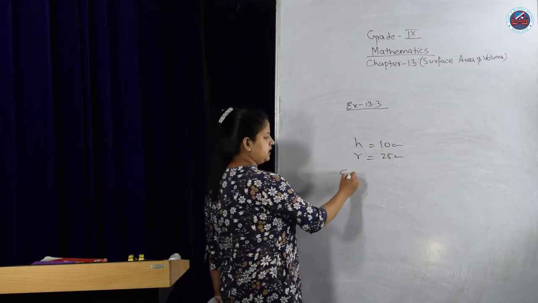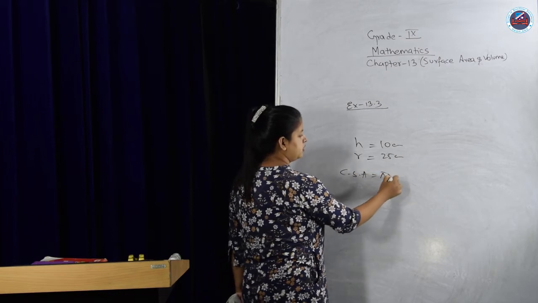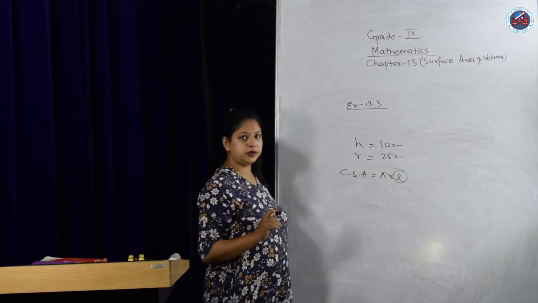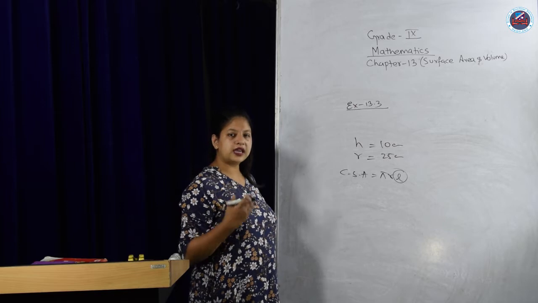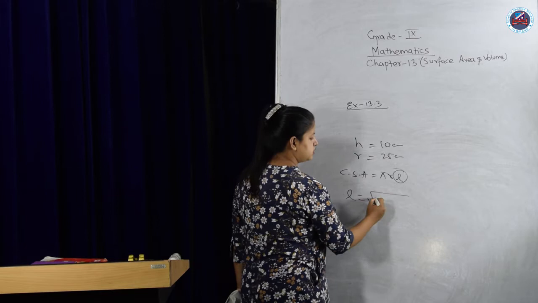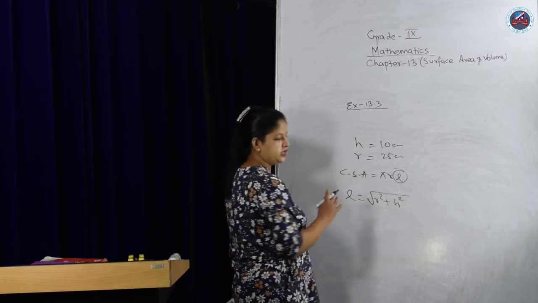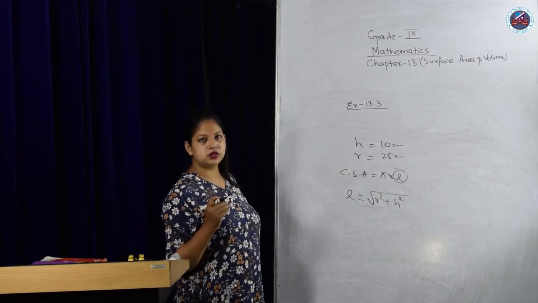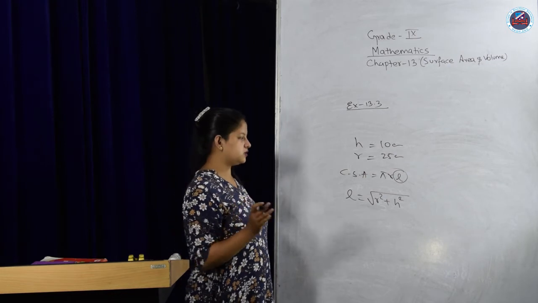Now CSA involves pi r l. We need slant height. It has not been given. In that case, you will calculate the slant height separately. Slant height L is equal to under root R square plus H square. This formula you will be using. Pythagoras theorem. Okay, you have read it also.